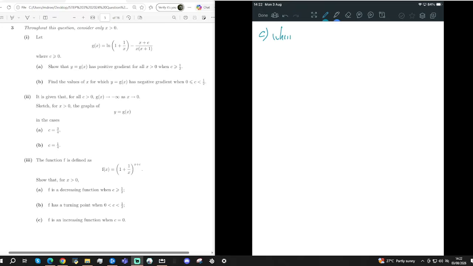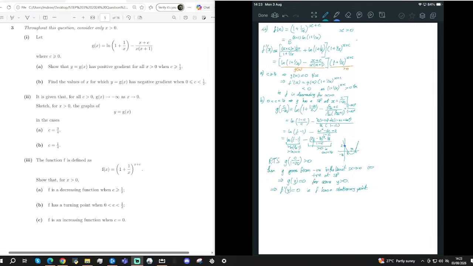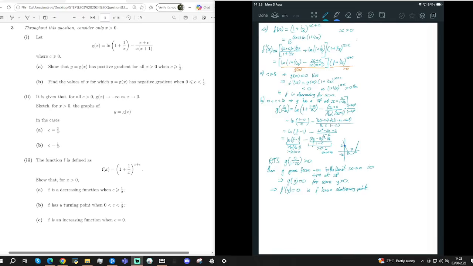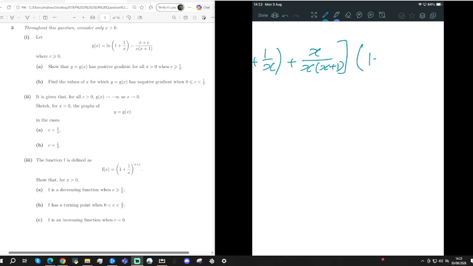So when c equals 0, f dashed of x, let's pull that from the previous section, is going to be ln of 1 plus 1 over x plus x over x plus 1, which is just the g again, but the g now we see is 0, 1 plus 1 over x to the power of x.